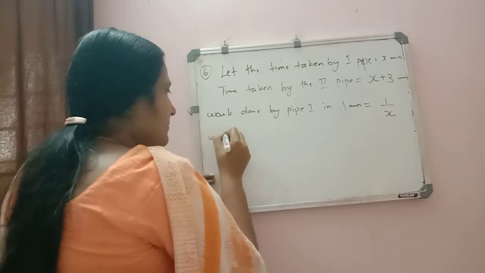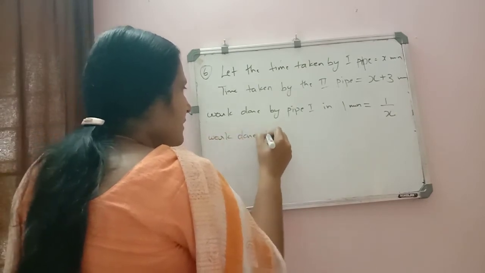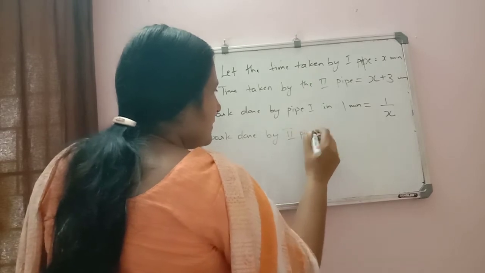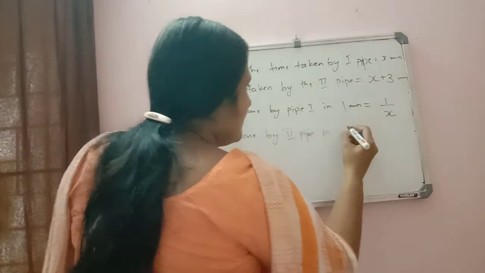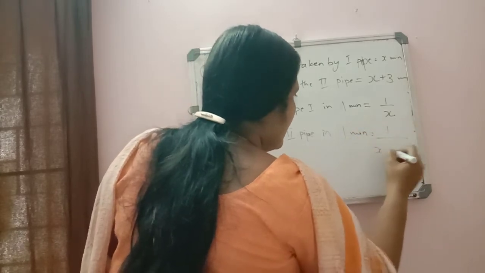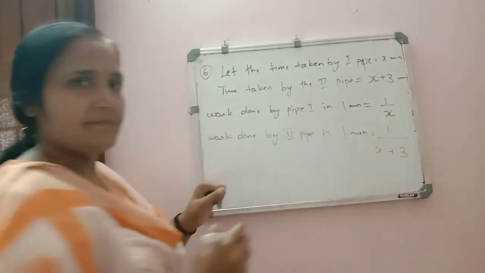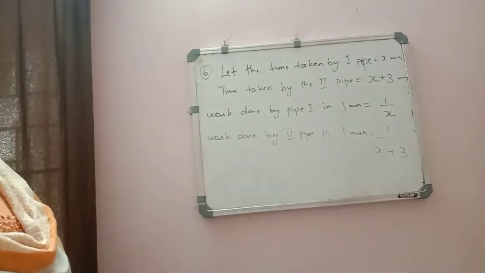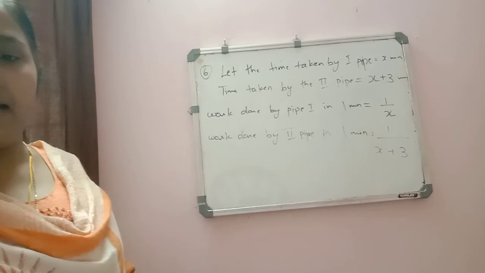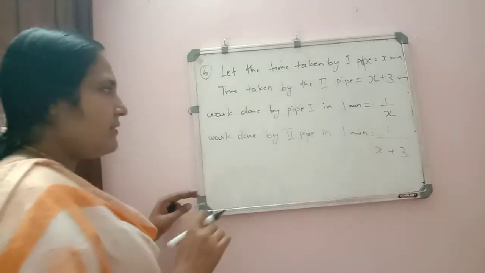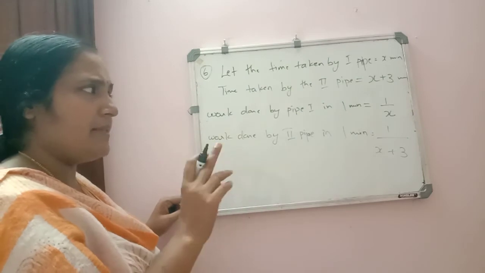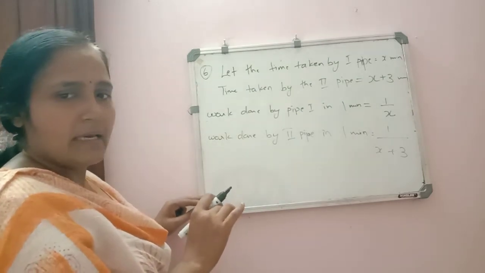Similarly, work done by second pipe in 1 minute will be equal to 1/(x plus 3). Now it was written there, the tank will be filled in 13 1/3 minutes. Here also, now both the pipes are working together, and what will be the work done by them in 1 minute, that we have to calculate there.